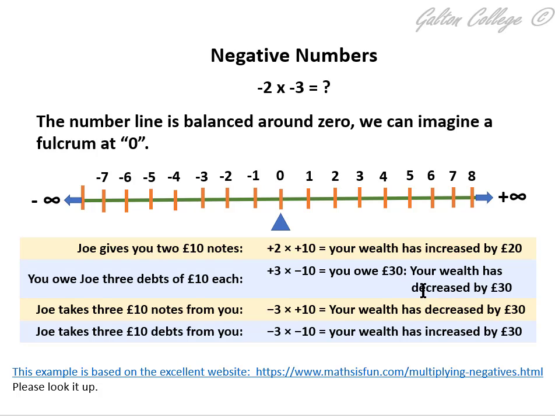Your wealth has decreased by 30. You have 3 different debts with this person Joe, and each debt is £10. So you owe £10 3 times. So it's 3, and you owe 3 times minus 10. So you actually owe 30, which is minus 30.